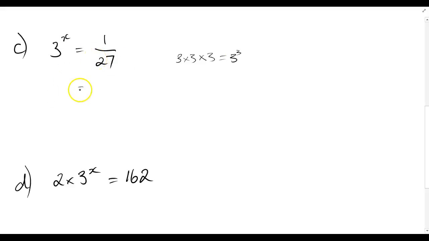So I can now write this as 1 over 3 cubed. And remember, as a fraction, we can write that with a negative index. So we know 3 to the power of x equals 3 to the negative 3, and straight away x is going to equal negative 3.